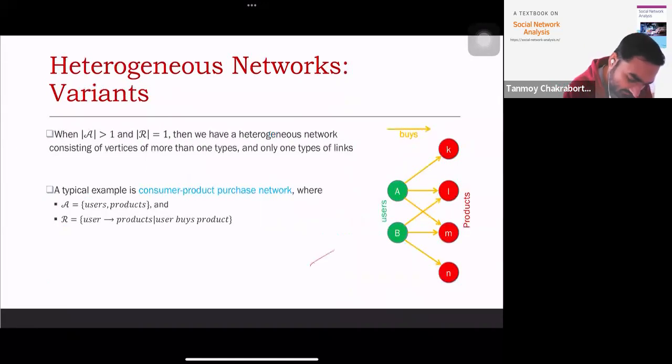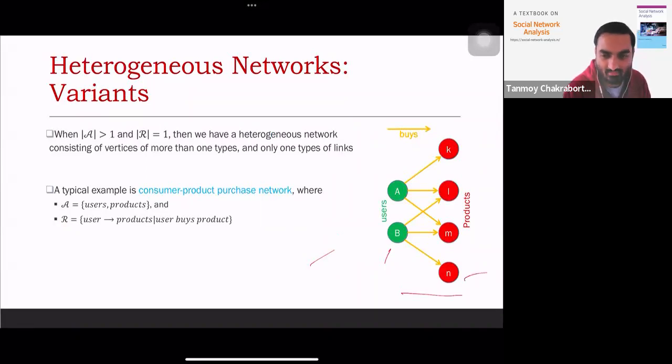This is an example of a user-product bipartite network. You see that this is node heterogeneous because you have one partition containing nodes of user type and one partition containing nodes of product type, and links indicate whether a user has bought a particular item or not. Links are homogeneous.